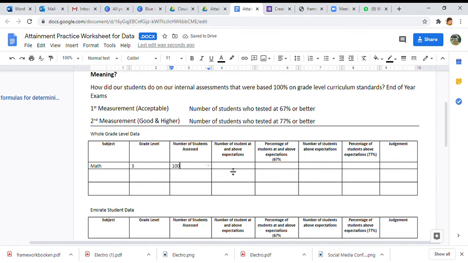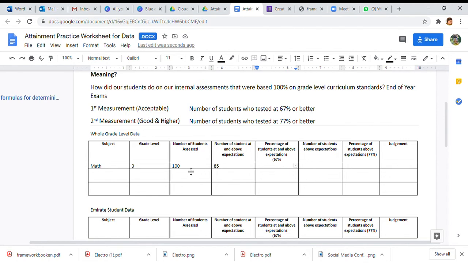The number of students that is at the minimum, that is your acceptable rate. That number is 67%. How many students tested at 67% or better? I am going to put 85, 85 students out of 100 tested at 67% or better.